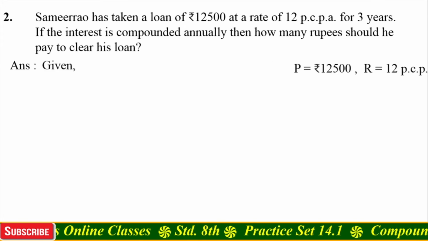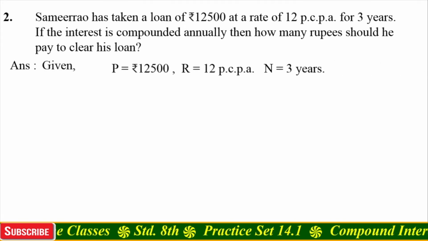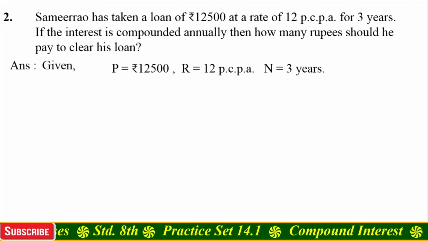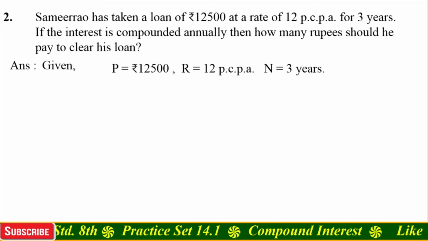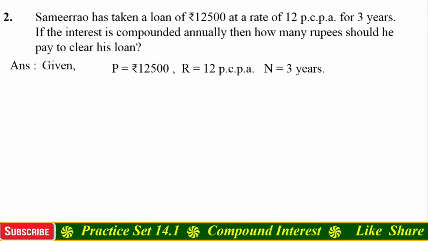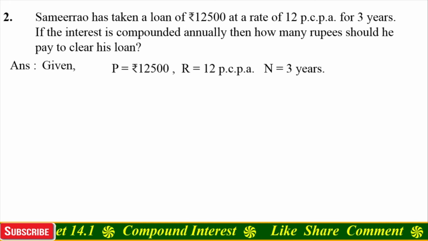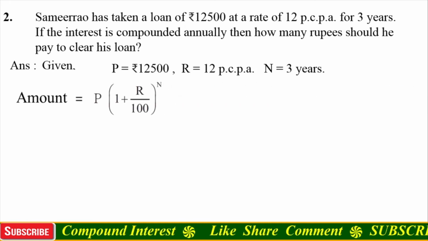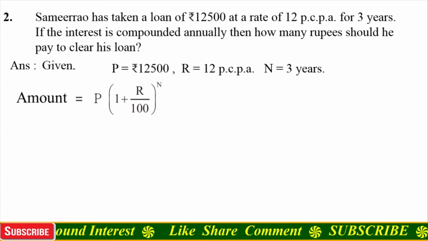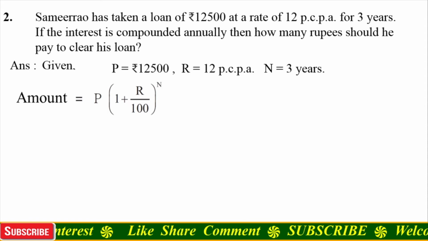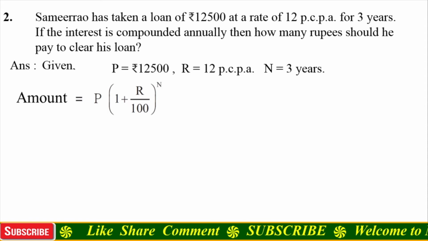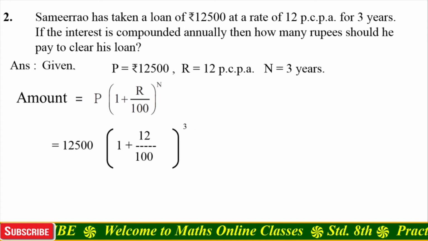Principal is given rupees 12,500, rate is 12 PCPA, and number of years, that is n is equal to 3 years. Let us write the formula of amount. Amount is equal to P in bracket 1 plus R upon 100 bracket raised to n.